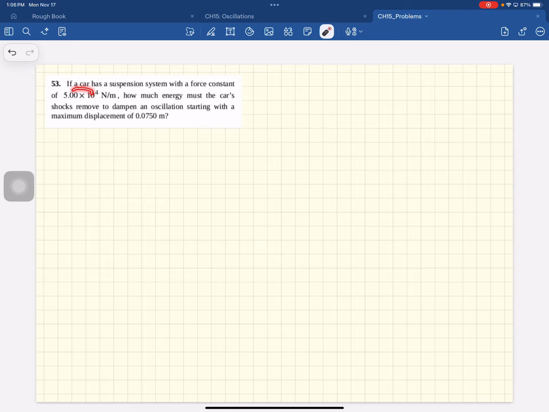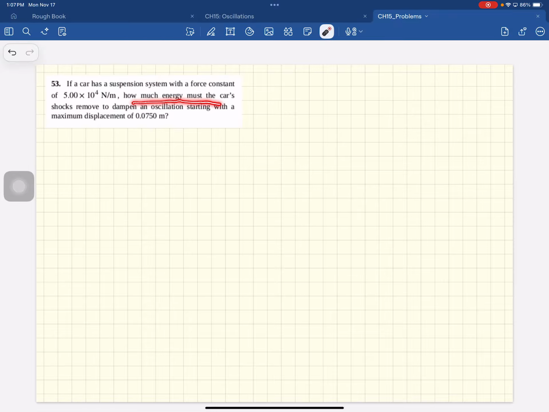Essentially, 1,000 of you would have to sit in the car to compress the suspension by 1 meter. That's what the spring constant means. If the car was jacked up and 1,000 of you sat in it, it would come down a meter. So that's what that number means.